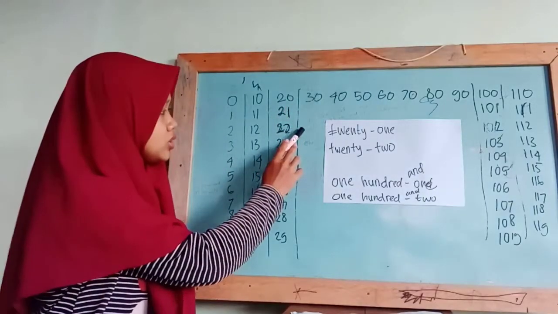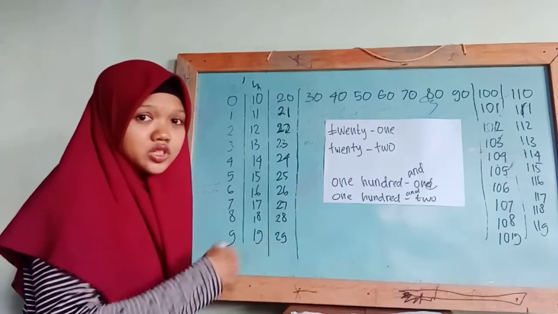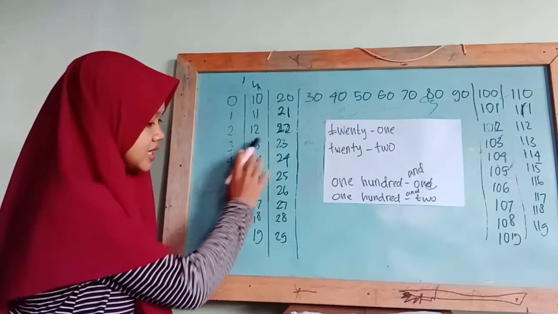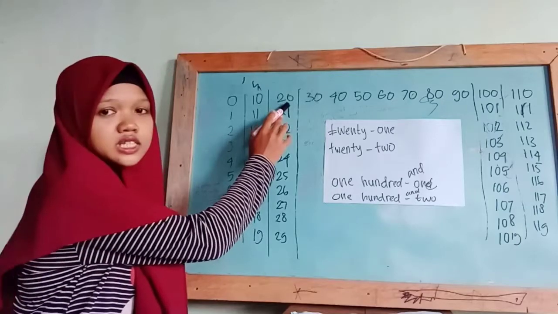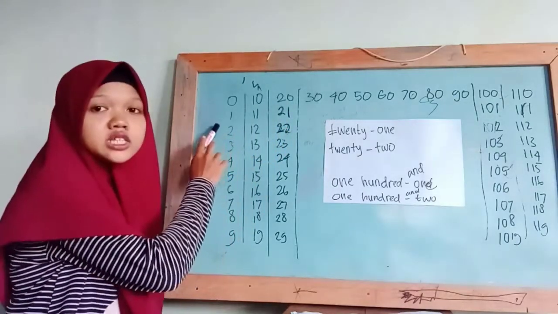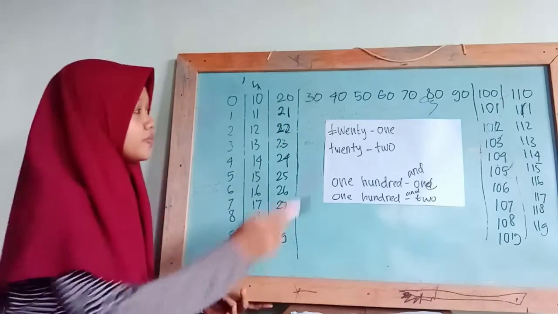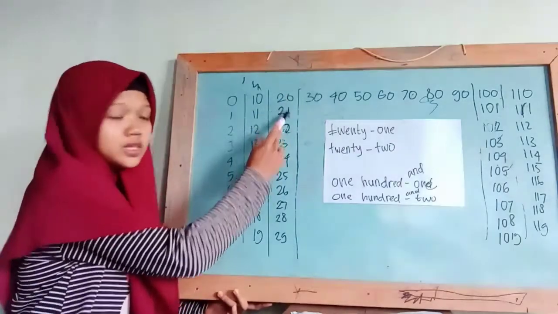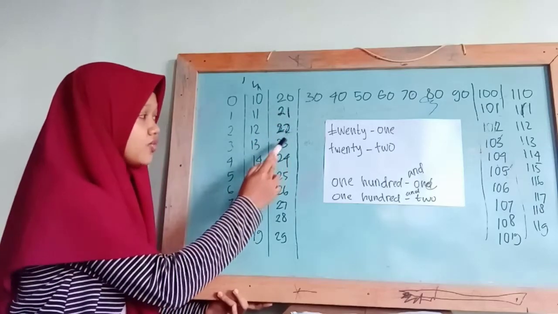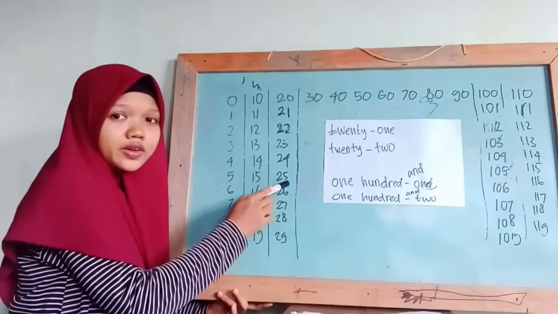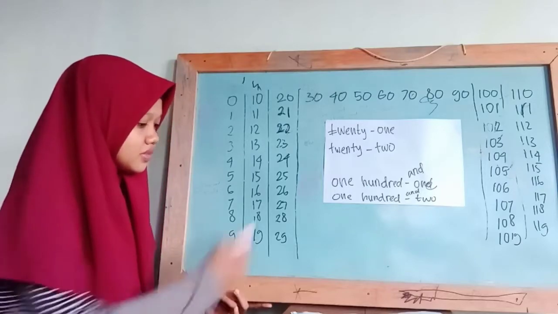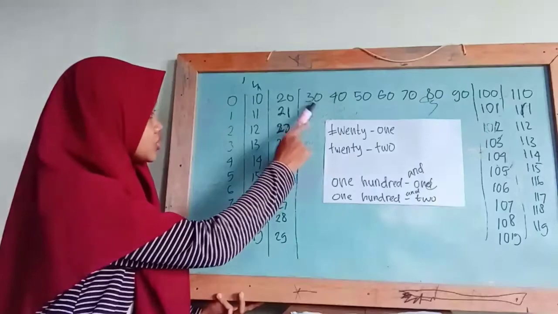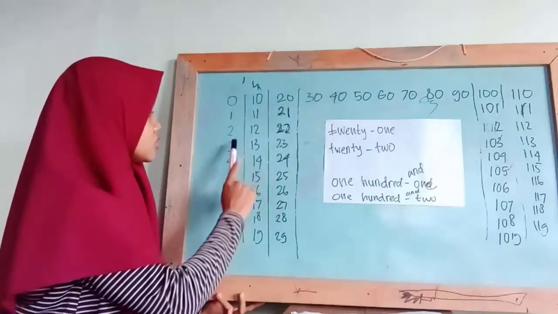31, 32, 33, etc. Okay, when I say this number, this is number 20 and this is number 1. So 21, 22, 23, 24, 25, etc. Okay, it would be 31, 32, 33.